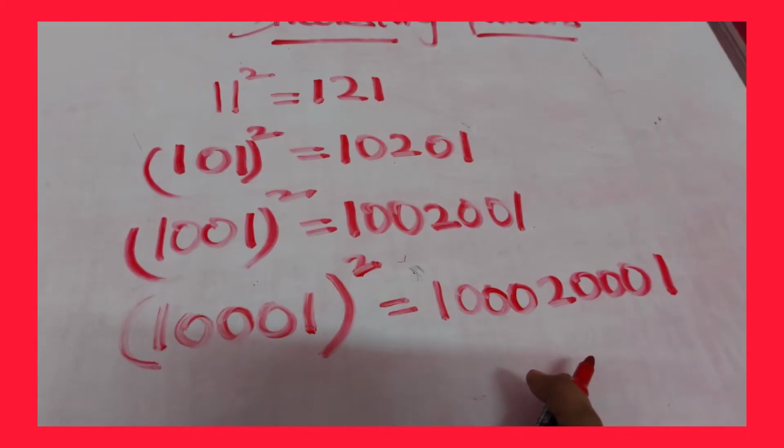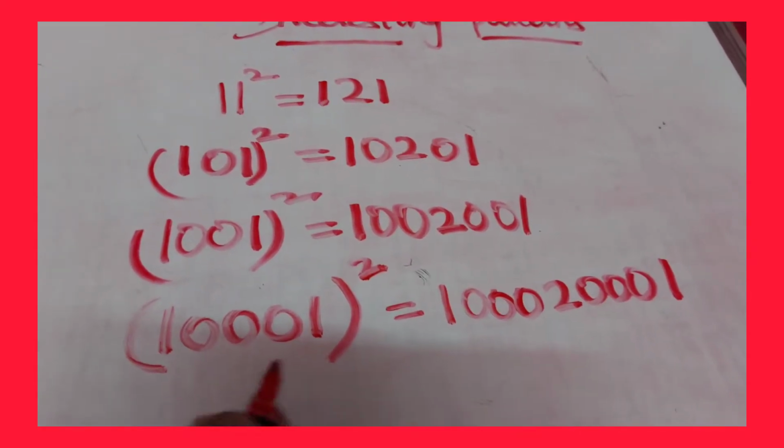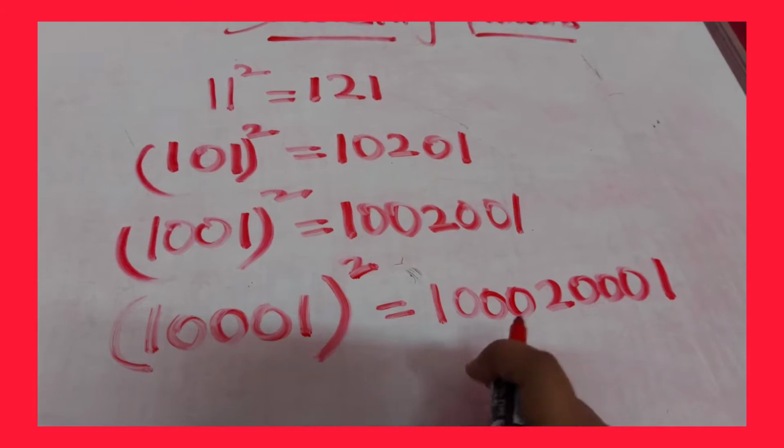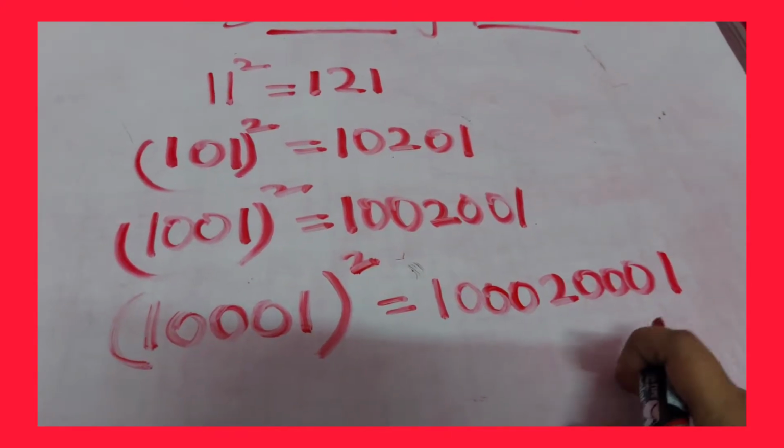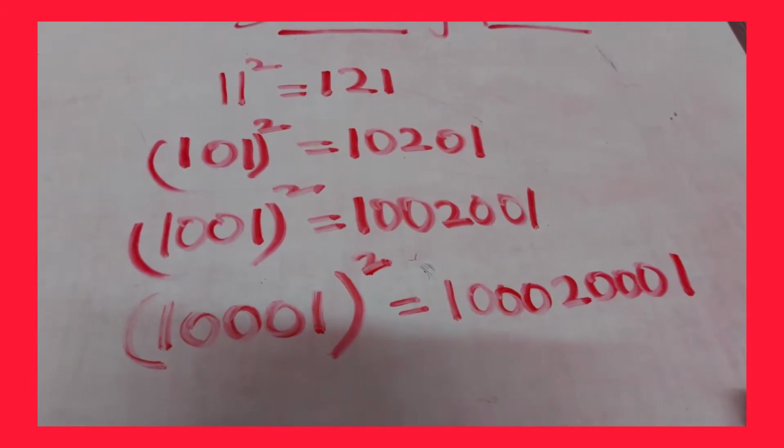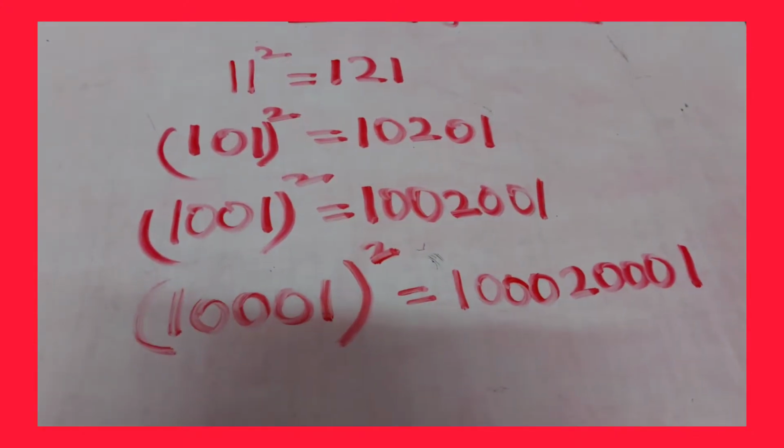Then if you take 4 zeros, after 1 you write 4 zeros, then 2, then 4 zeros, then 1. Like that this pattern goes on.